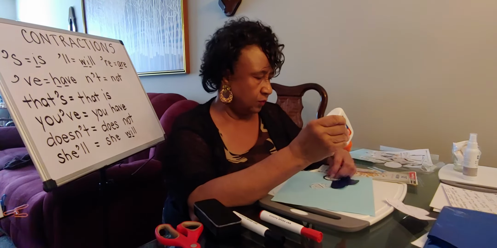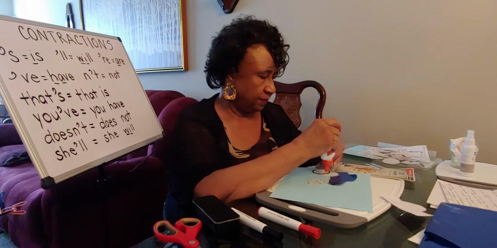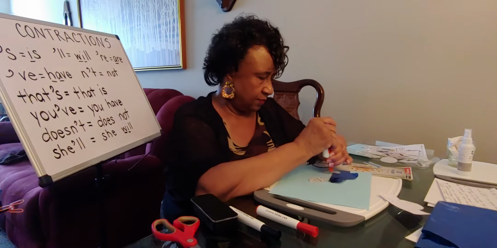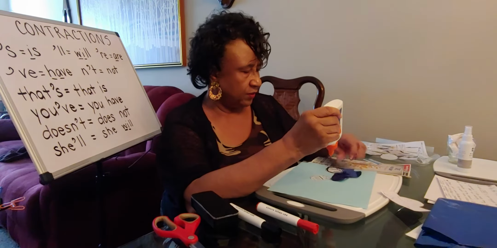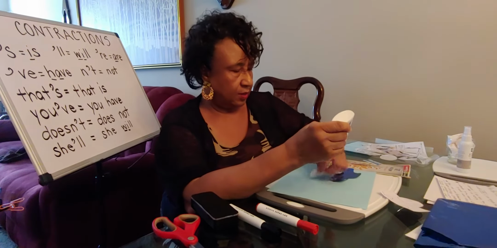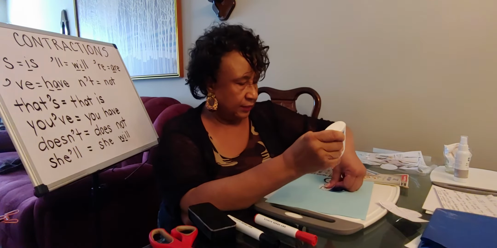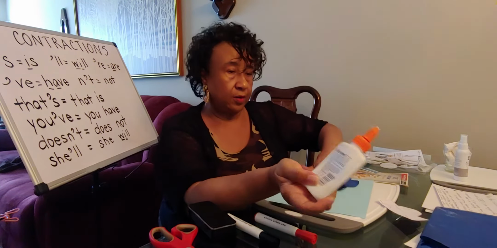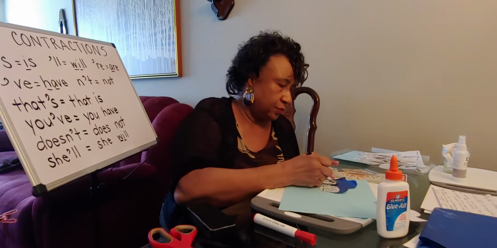Okay, that's what happens when you don't have all your glue. Okay, now it's working. Now I put my other tire on there. And since I did not use any dark paper, I'm going to color my tires.